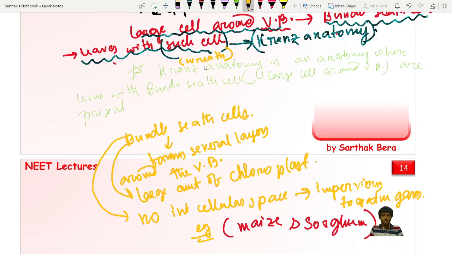Again, in a C4 plant there is a vascular bundle, and outside it there are layers of bundle sheath cells forming a wreath-like structure, known as Kranz anatomy. These cells have a large amount of chloroplast and no intercellular spaces, so no gas can enter from the atmosphere. The examples of C4 plants given in the NCERT book are maize and sorghum. This is very clear.